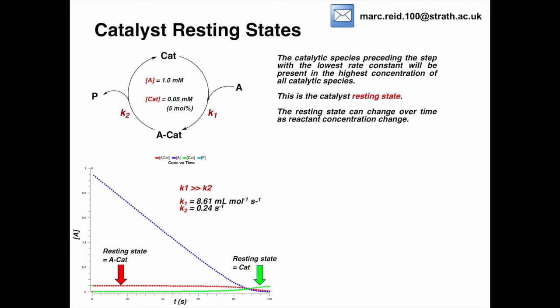When the concentration of A is very low, the first step becomes turnover limiting, and the catalyst resting state switches to Cat. And you can follow this by looking at the graph on the bottom left-hand side of this slide.